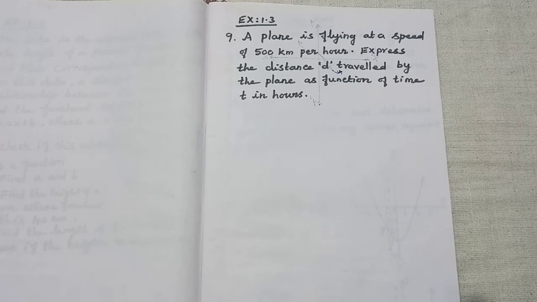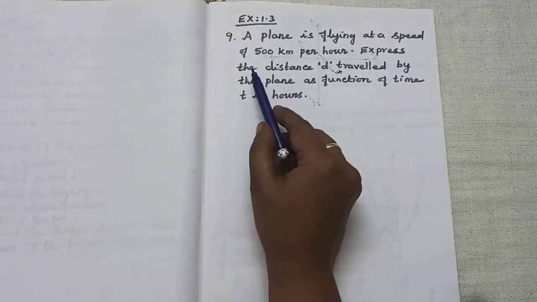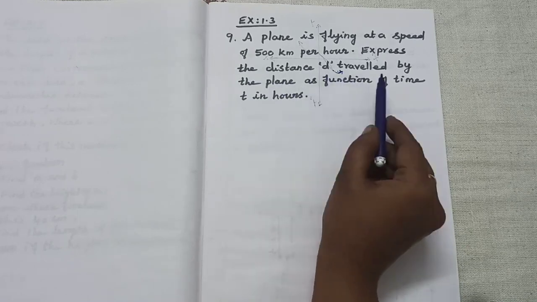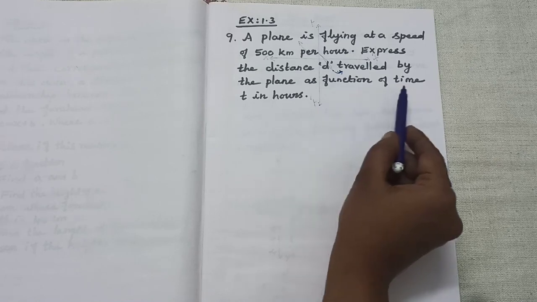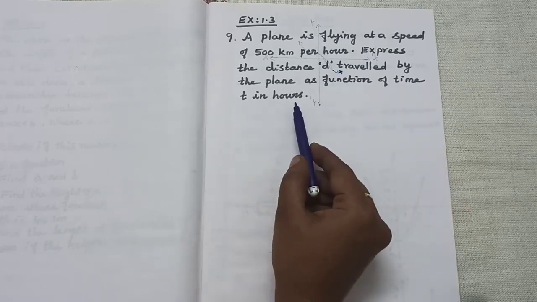Express the distance, denoted by d, traveled by the plane as a function of time t in hours.